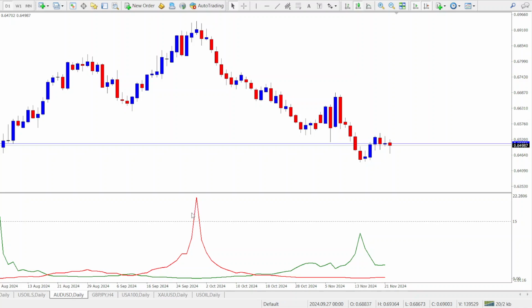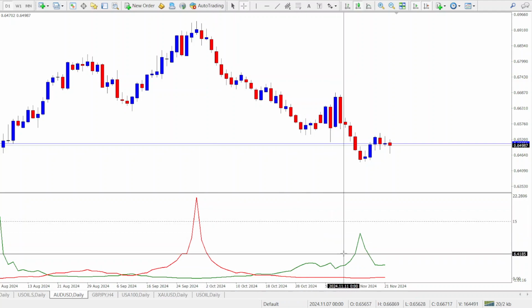Basically, when you have the red line above the 15 level, as you can see this 15 level indicated by the indicator, there is a chance that a bearish reversal could happen soon. And then when the red line crosses below the 15 level, it's a sign to enter a sell. It's a sell signal basically.